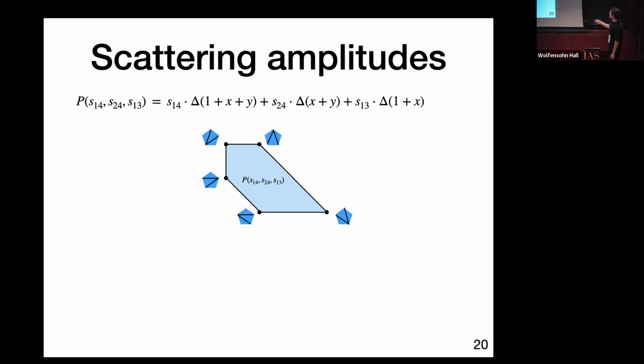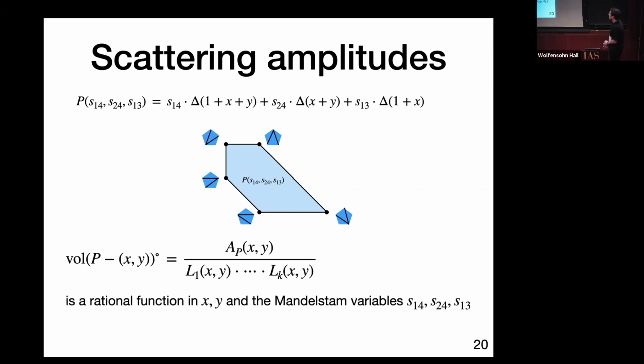Here I labeled every vertex of this polygon with a triangulation of the pentagon. That's because I like to think of this pentagon as an embedding of the associahedron. Because my polytope depends on these parameters s_ij, this volume function is now a rational function in x and y, but also in these Mandelstam invariants.